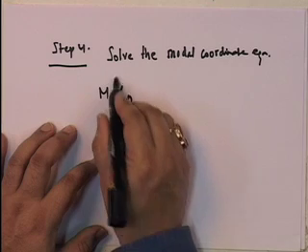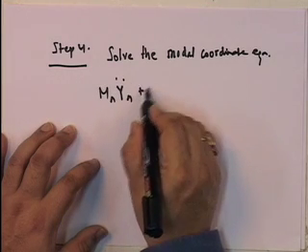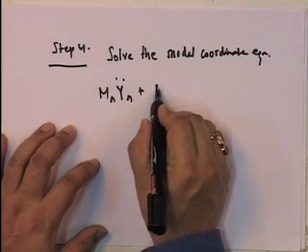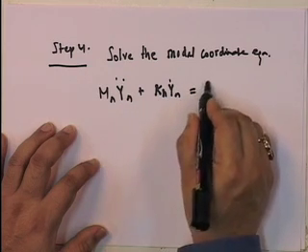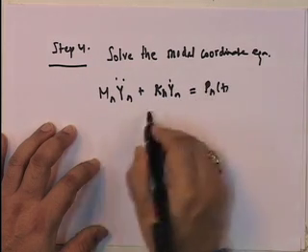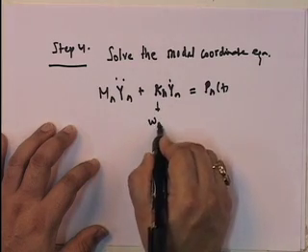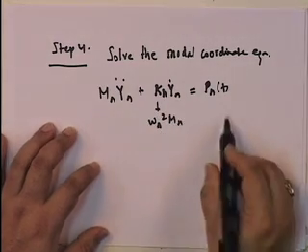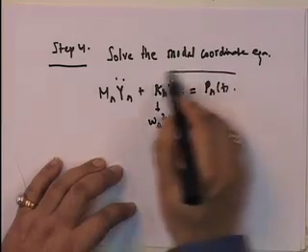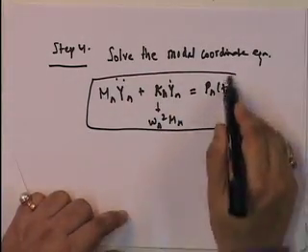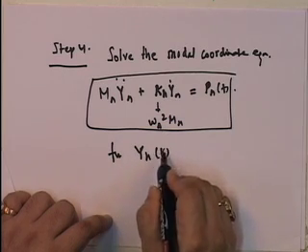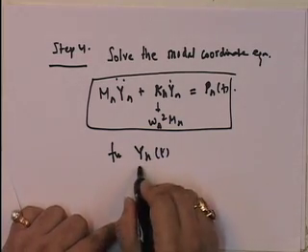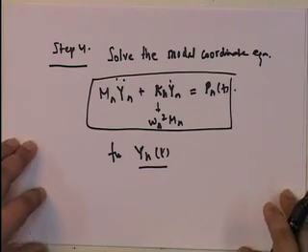Mn yn double dot plus kn yn is equal to Pn, where kn is actually omega n squared Mn. Solve this. There is a single degree of freedom. Solve it for yn of t.